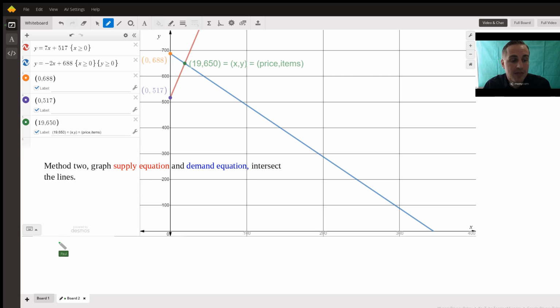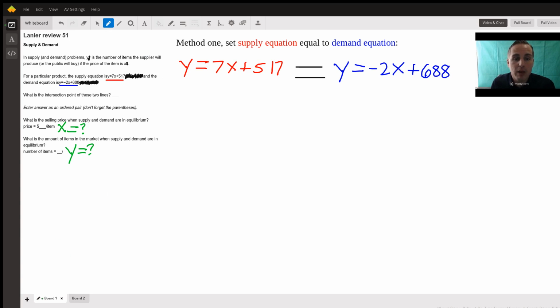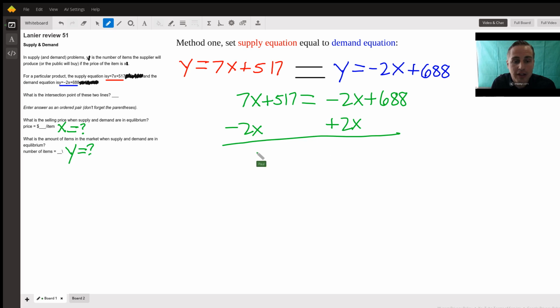Now, can we get the same answer if we just perform algebra? We can. We just set these two equations equal to one another. So we have 7x plus 517 equal to negative 2x plus 688. In order to do this for the solution, let's add 2x to both sides, collecting all the x values on the left.